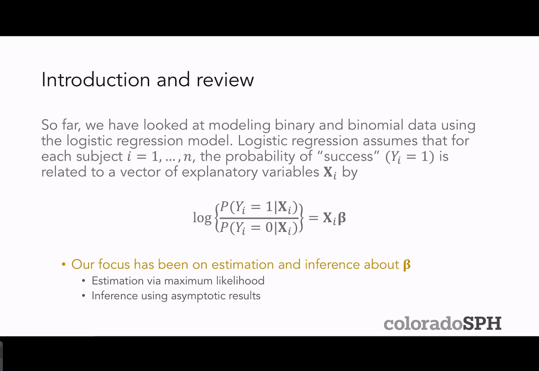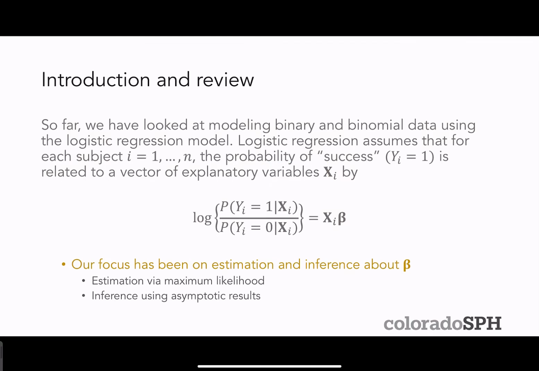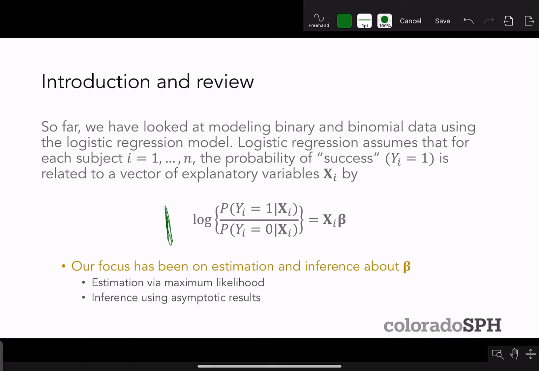So far we have looked at modeling binary and binomial data using the logistic regression model, which assumes that for each subject, the probability of success, or yi equals 1, is related to a vector of explanatory variables that we call x through the logit function. So that's the model written out here.